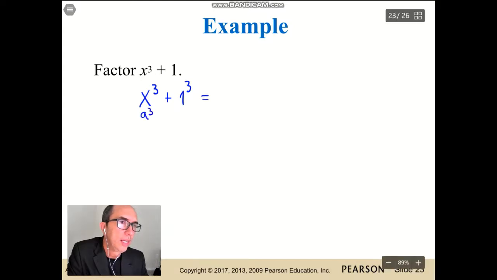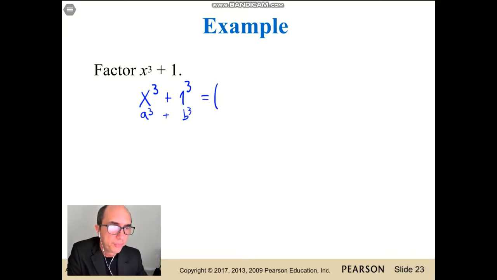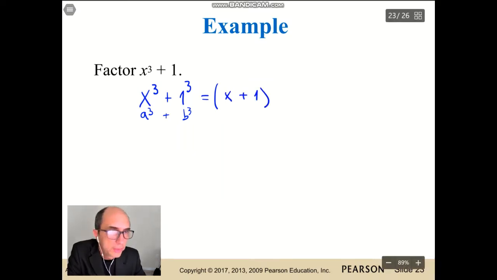This is our a cubed, this is our b cubed, so we can rewrite, check the formula, a plus b, x plus 1, times a squared minus ab, x times 1, plus b squared, 1.